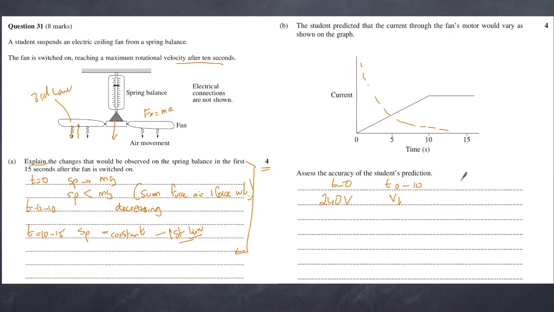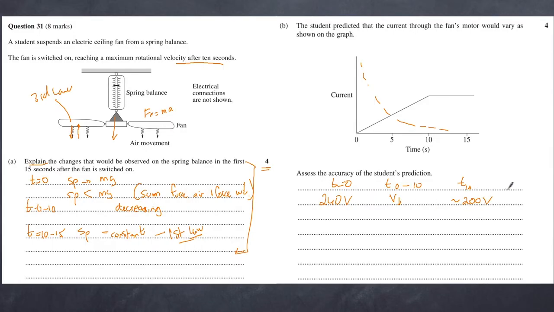Then beyond 10 seconds, reaching operational speed, it will stabilize. I'm going to choose a value: it may stabilize at around 200 volts, due to the fact that it's still spinning and providing a back EMF of approximately 40 volts.